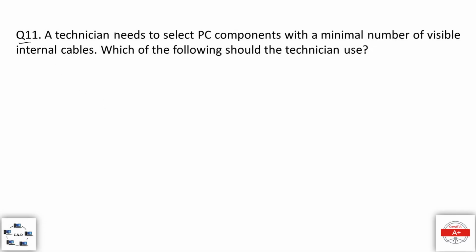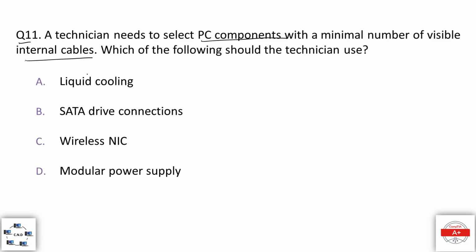Question number 11. A technician needs to select PC components with a minimal number of visible internal cables. Which of the following should the technician use? And the options are option A, liquid cooling; option B, SATA drive connections; option C, wireless network interface card; and option D, modular power supply.